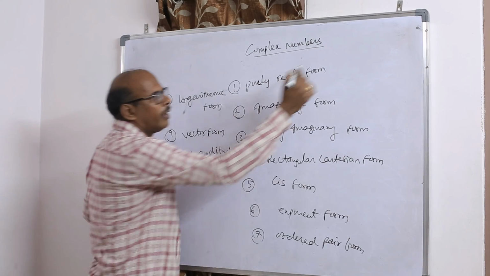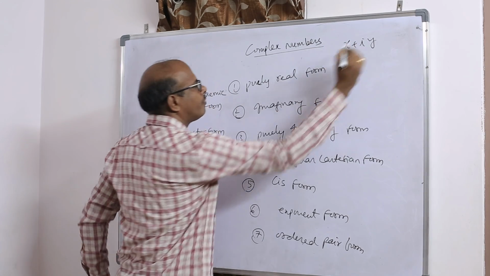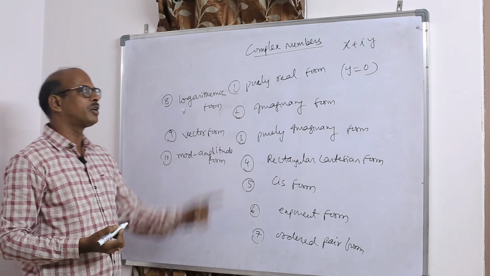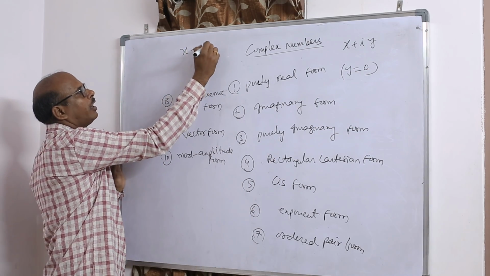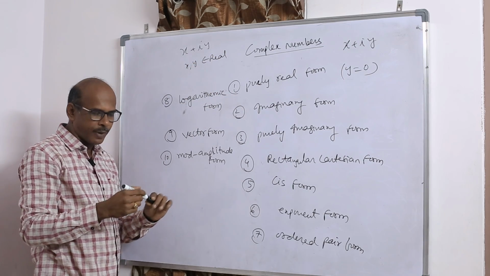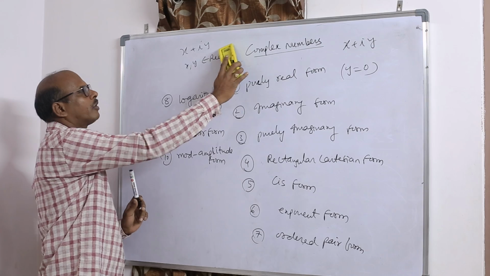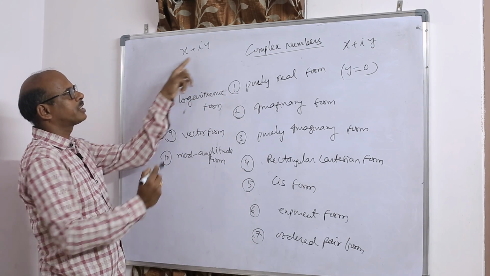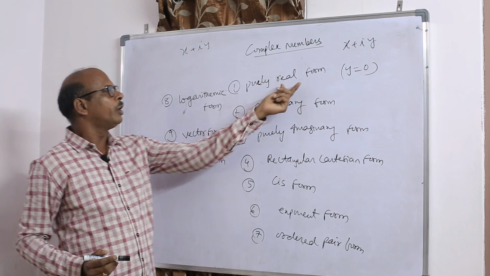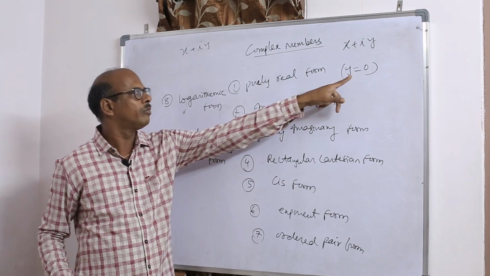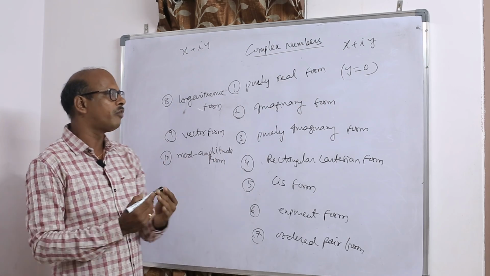Purely real form. In x plus iy, if y is 0, the imaginary part is 0. In x plus iy, both x and y are real. x is called the real part of the complex number and y is the imaginary part. Purely real means the imaginary part is 0; then the number is said to be in purely real form.